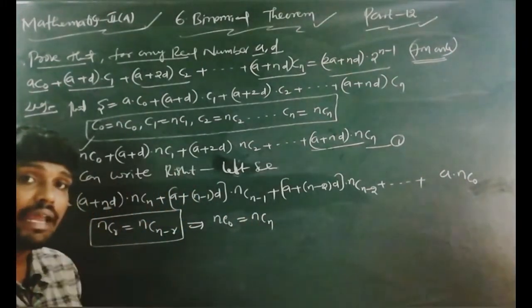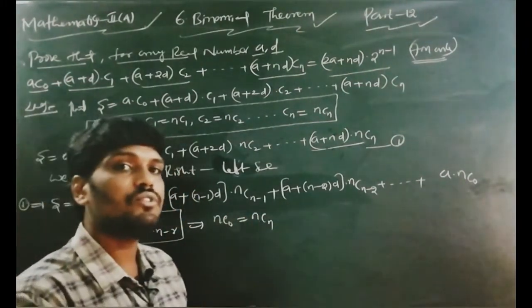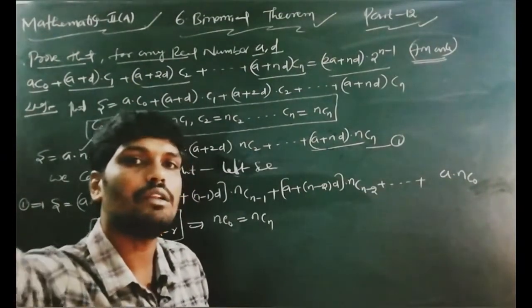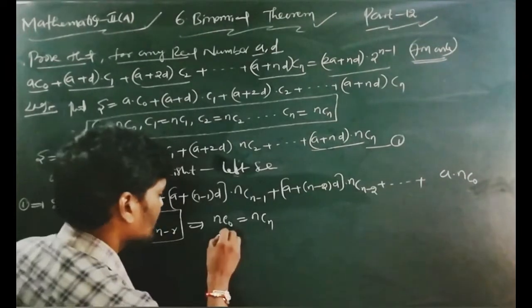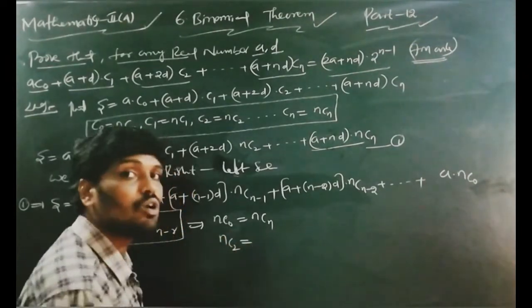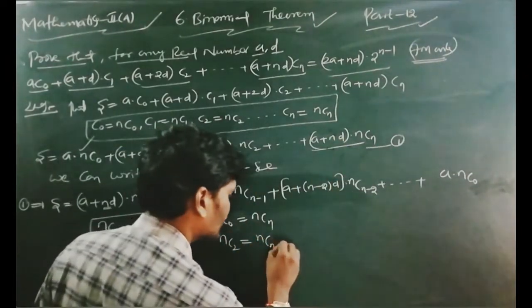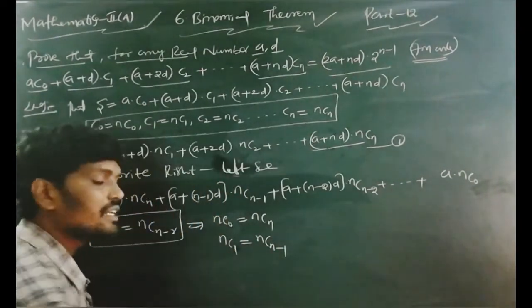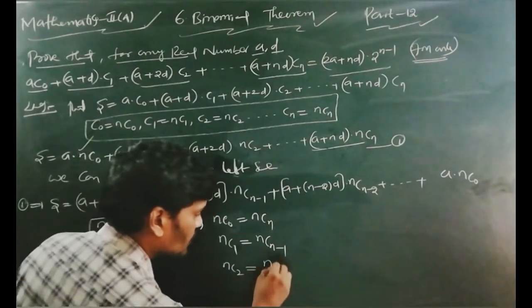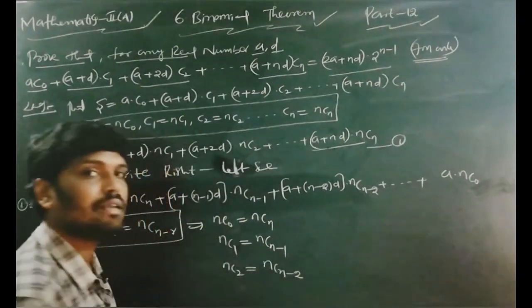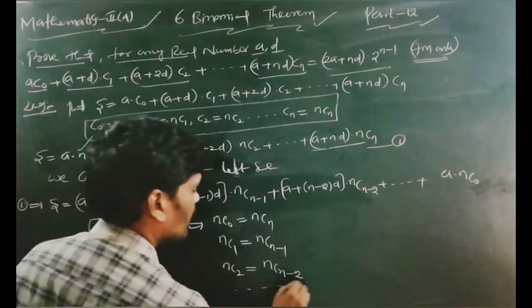The first term in the binomial expansion, the left end first term, equals the right end first term. The left end second term is equal to the right end second term, which is nC(n-1). The left hand third term is nC2, and the right end third term is nC(n-2), and so on.